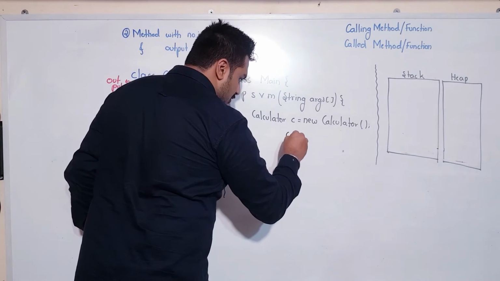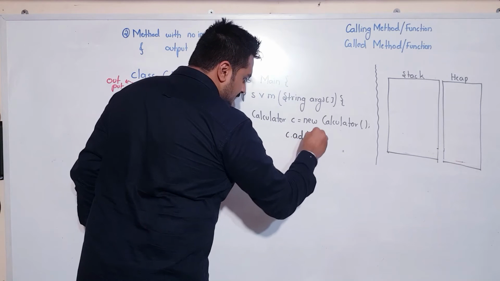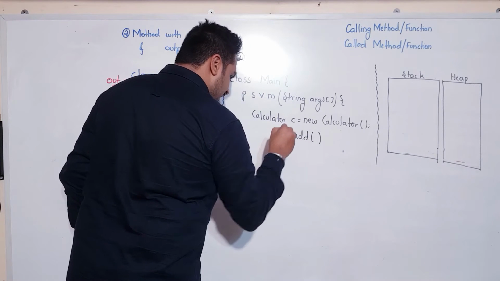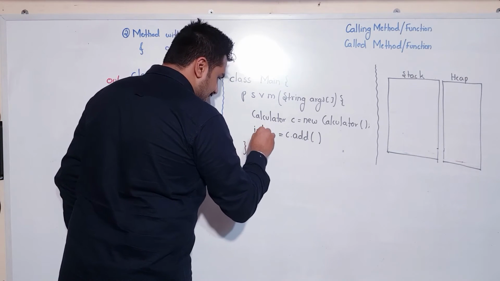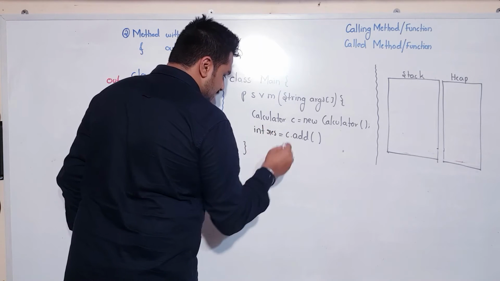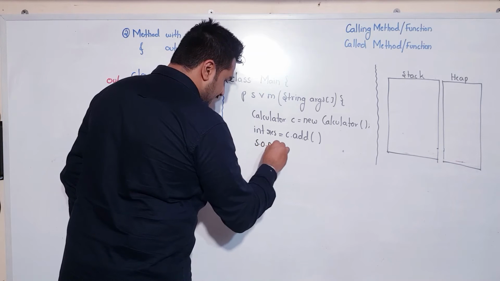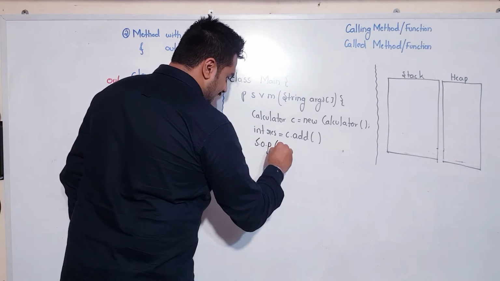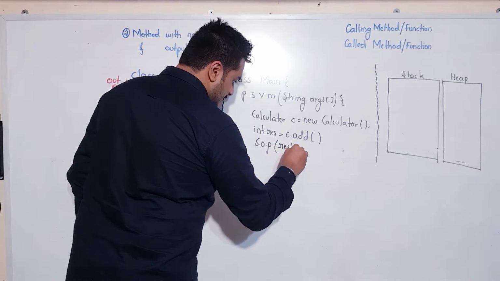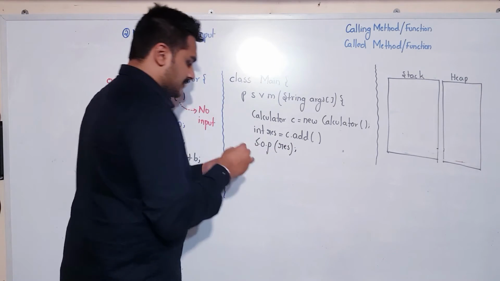I will tell c.add, which I will be storing inside one variable, integer type res. Later, I will be telling system.out.println. I will tell res. This is the closure of the main function.